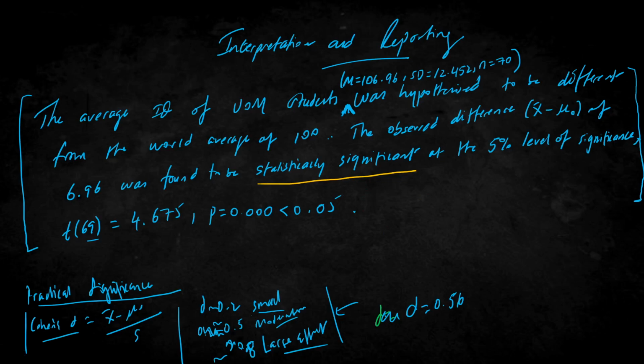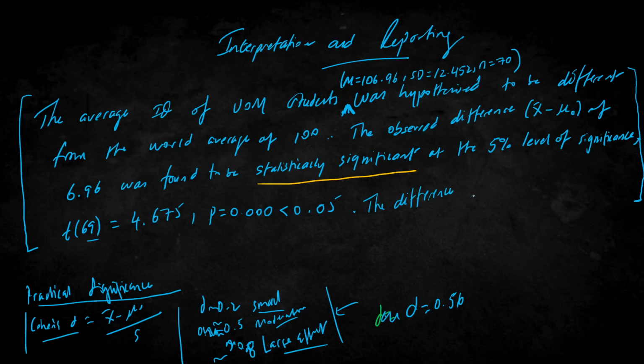What you can simply do then is include a statement that the difference between the estimated average IQ of UM students and the assumed world average is found to represent a medium effect, or even larger than a medium effect, you can say.